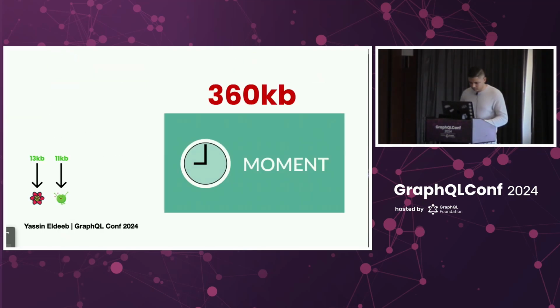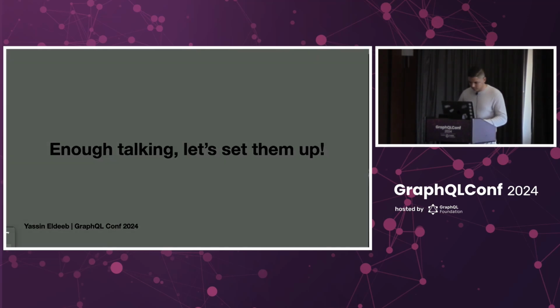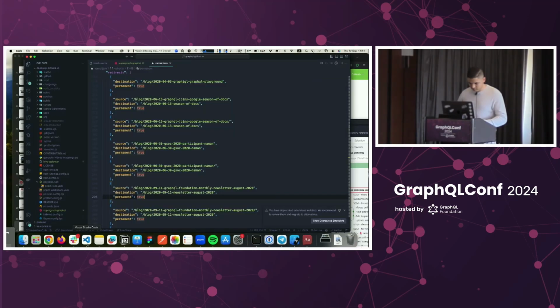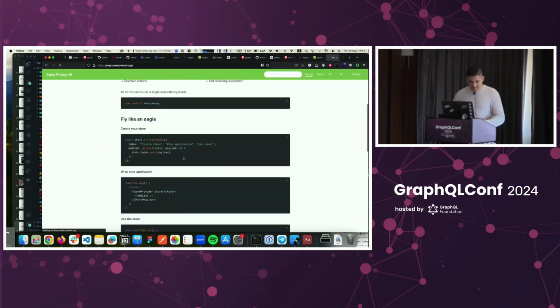Let's get back to this. So, as you can see here, it's super, super simple. If you have ever dealt with Redux, this is like the complete opposite, even though it's inspired by many of the concepts and how it works.